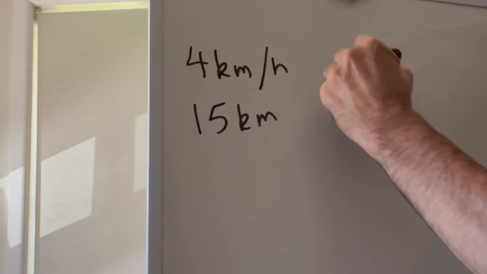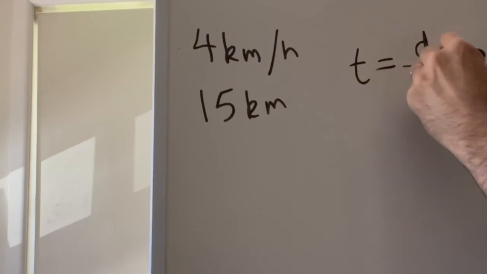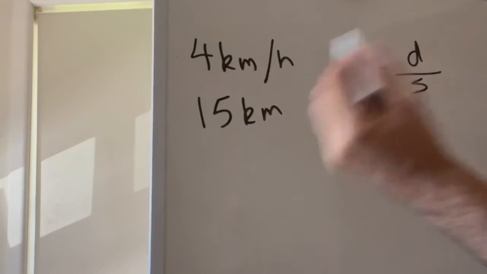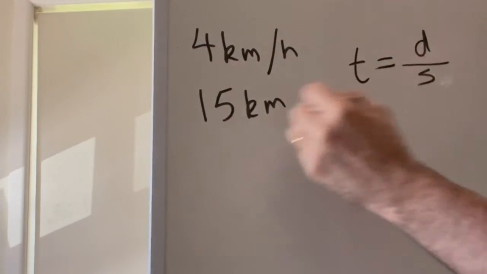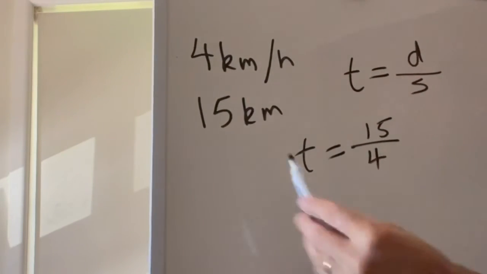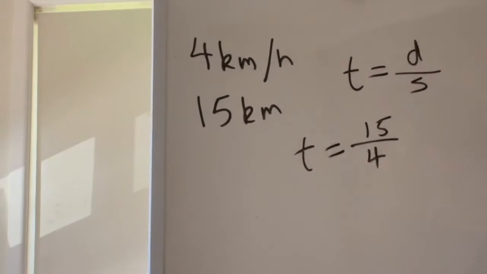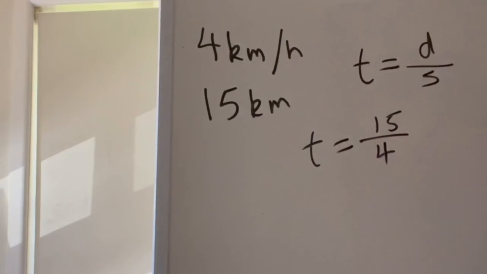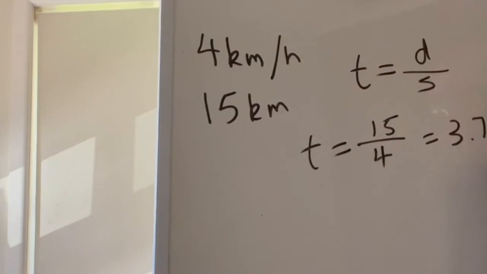We're looking for a time, so it's distance divided by speed. Time equals 15 kilometres over 4. We're dealing with kilometres and kilometres, so these are compatible, and that gives us a time of 3.75 hours.